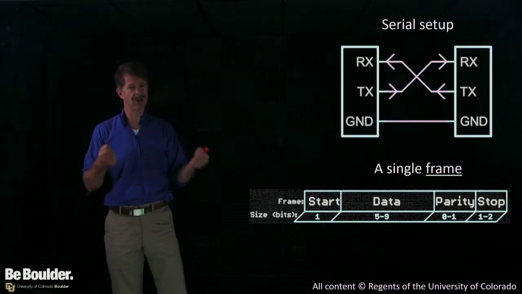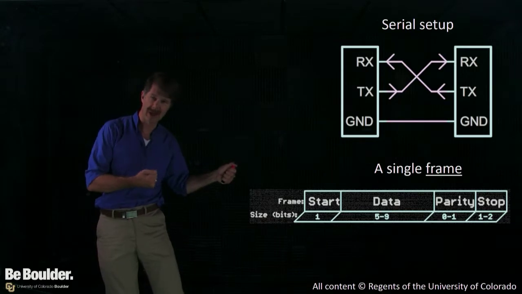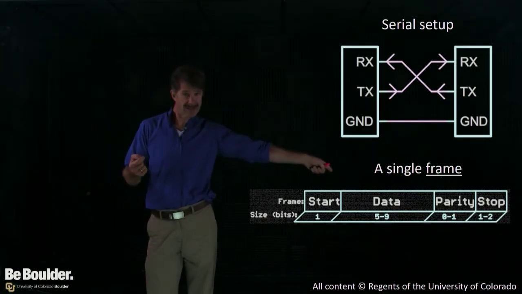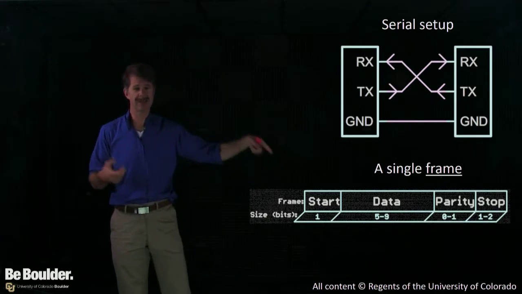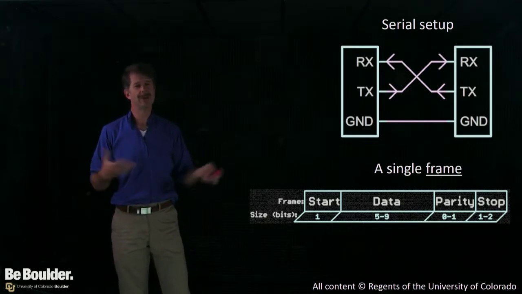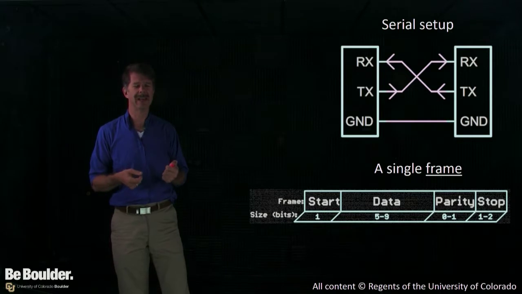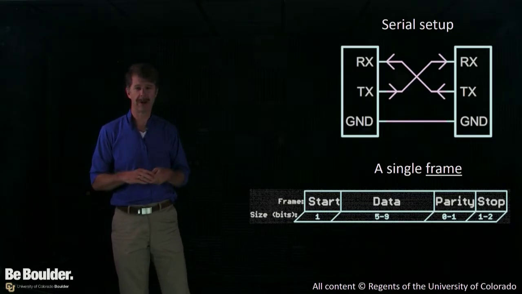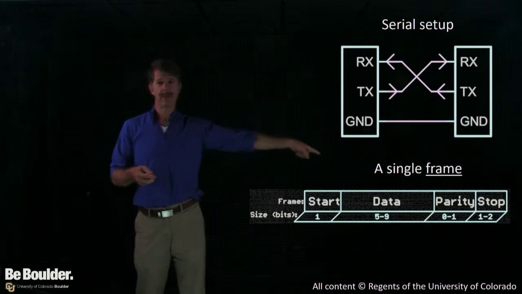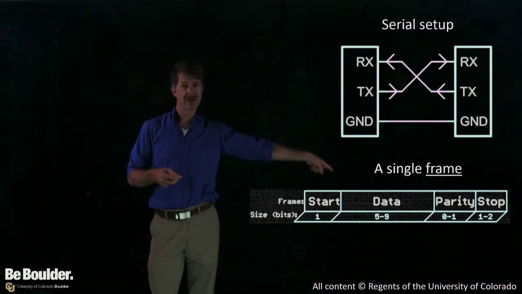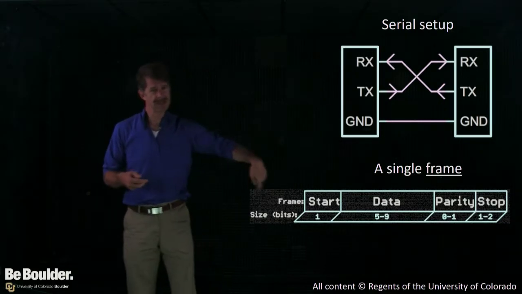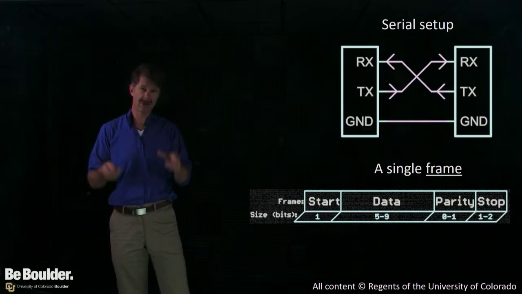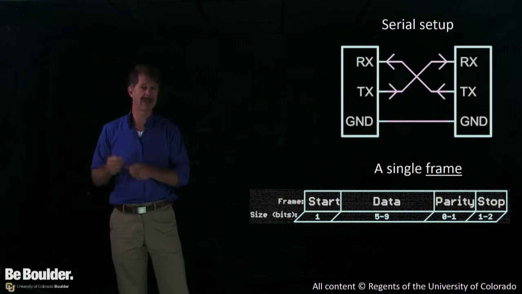But it turns out when you do that, you can then run the system a lot faster. And if you can run it faster than the amount of loss you got from adding these extra bits, then overall that's a win. So that's a very common thing in communication. We won't have to worry about in this class, but just so you know it's there. The point is, you get a certain number of bits that you're transmitting. Wrapped around it in the frame are all these other things. And that's overhead that doesn't contribute to the rate you actually care about.